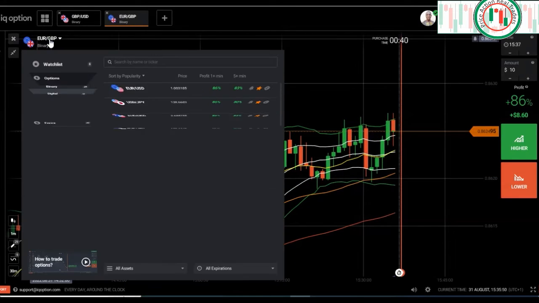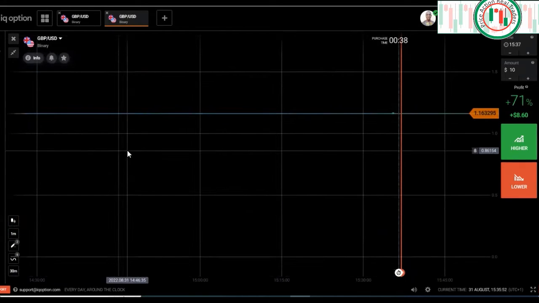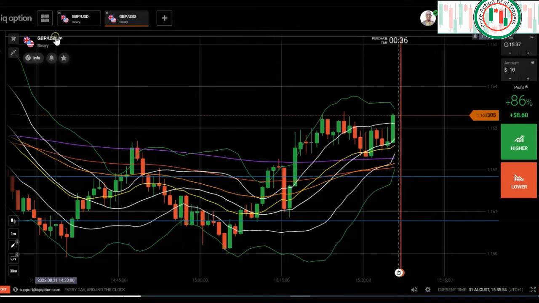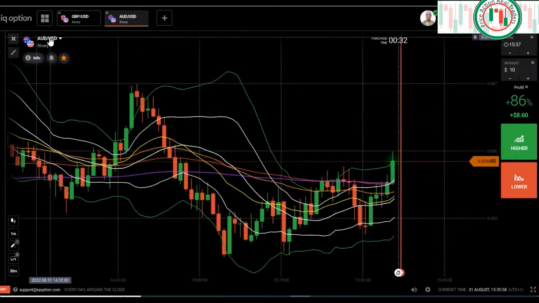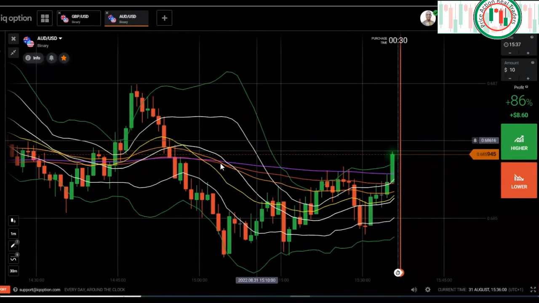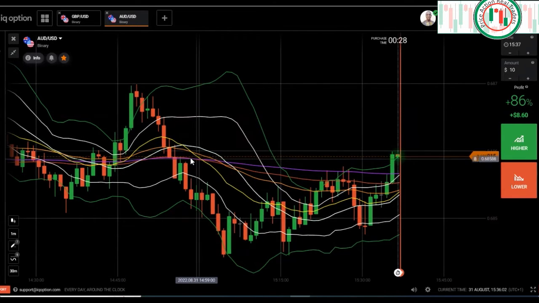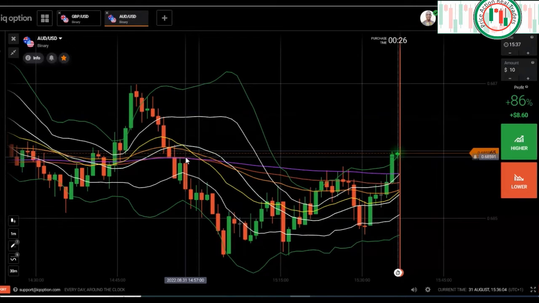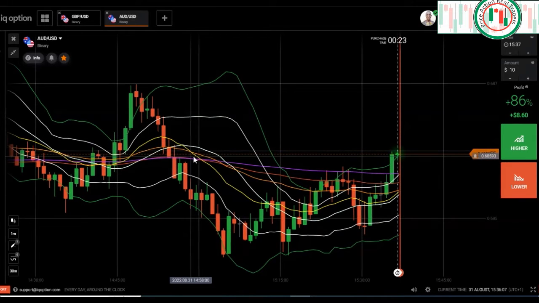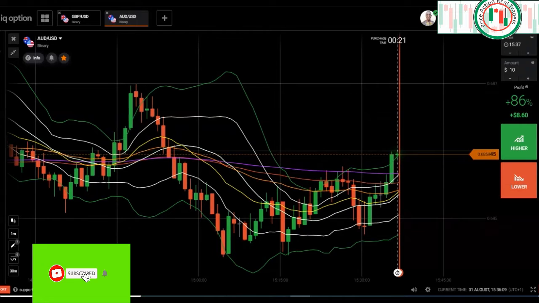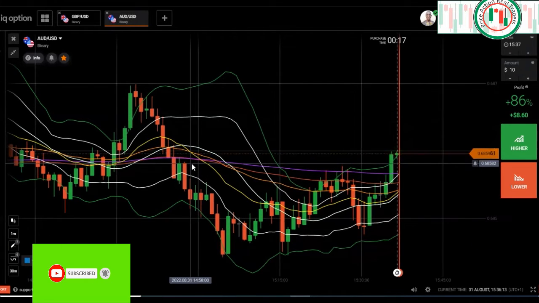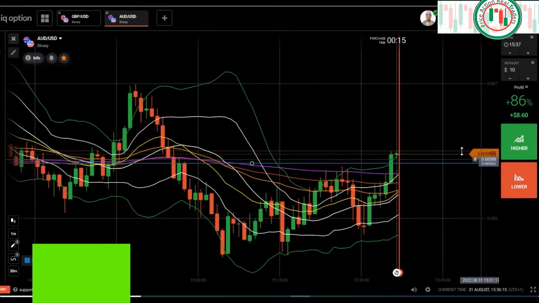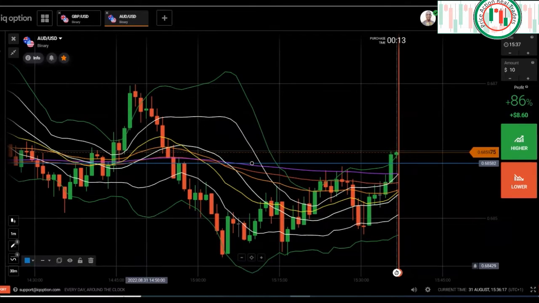Here is strong trend. You see here is ranging market. This is the zone here. Here is the zone. And you see market break the zone here.